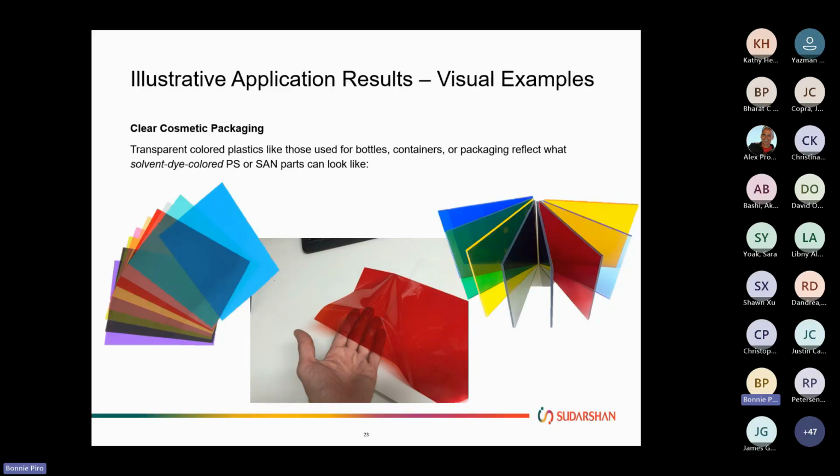For example, if it's a product that has an effect pigment on the inside, you want to be able to see that movement of that effect color through the bottle. So that's where the transparency comes in. Of course, you could always put the effect pigments on the outside as well.